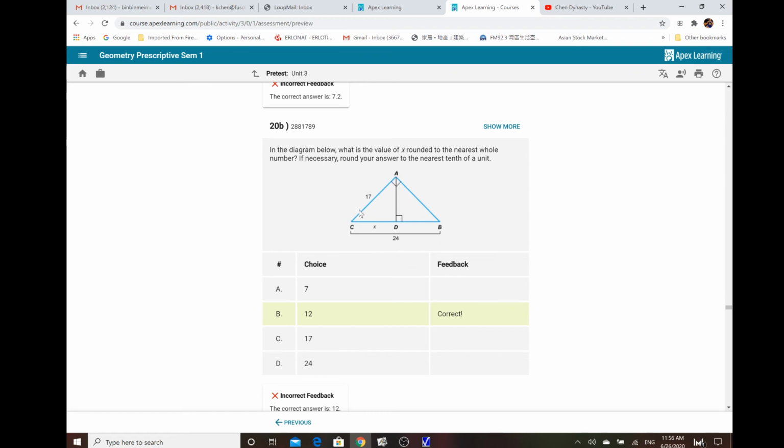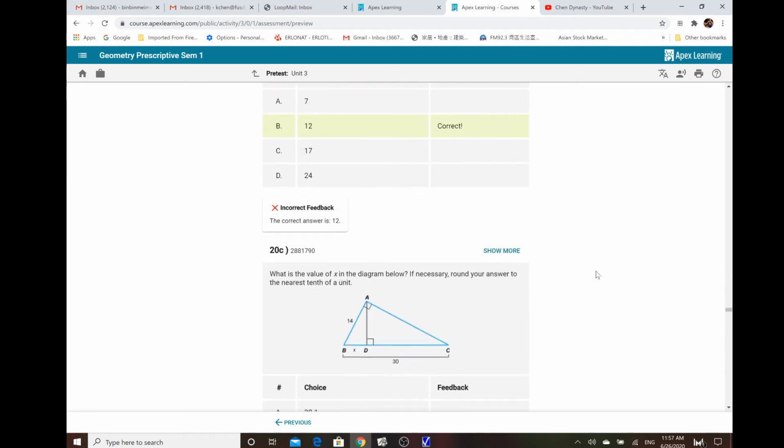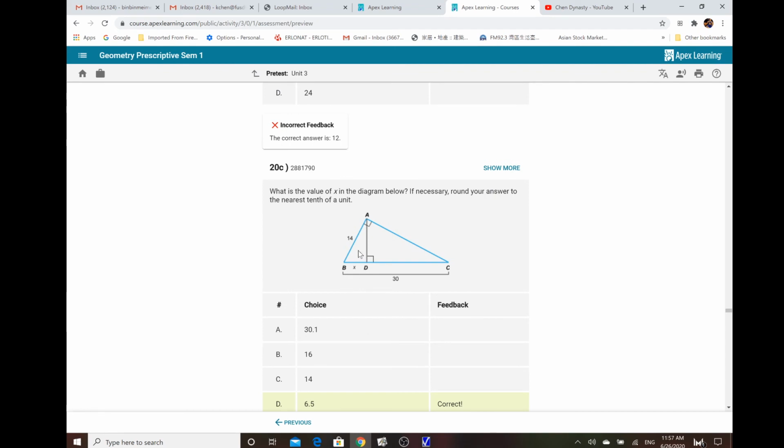So again, 17 is not just representing the hypotenuse of the small triangle, but also is considered the base of the large right triangle here. That's why we can set up the proportionality, 17 over x equals 24 over 17. Here's another one. 14 over x equals 30 over 14.